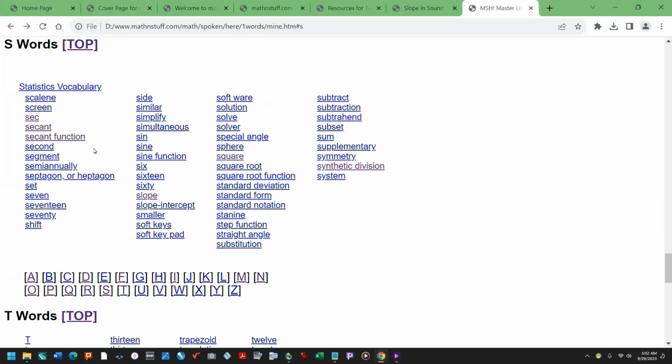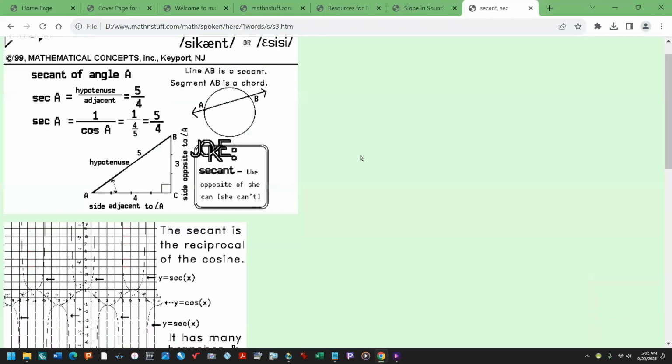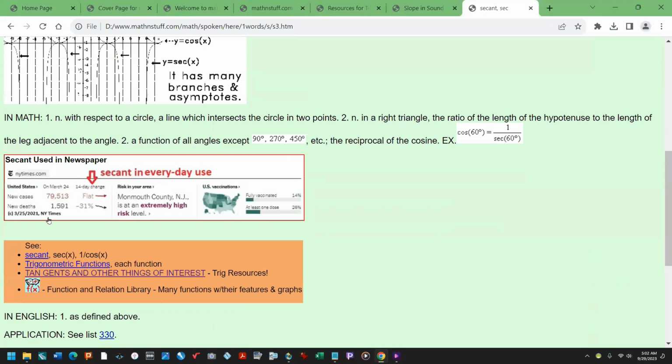We want secant. Secant function. Secant is what we're looking at now and is used as a term in everyday use for those who speak math. So here we have secant in the New York Times describing the slope of the secant as the 14-day change.